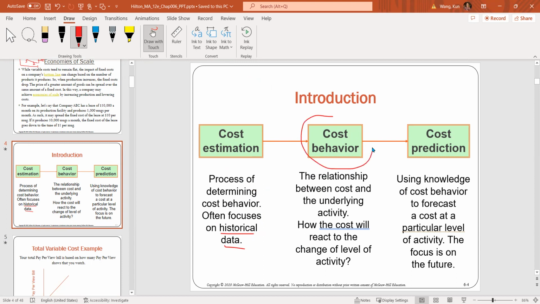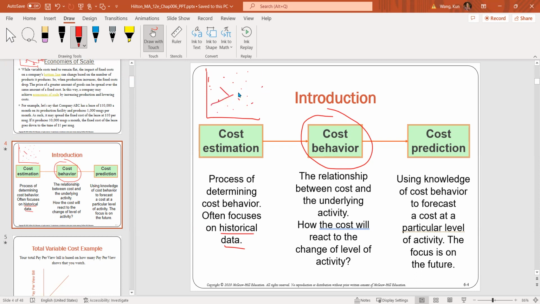This is the focus of chapter 6, because in reality, rather than getting ideal variable cost or fixed cost, what you see is probably a mass of random data. How can we sort it out from the distribution of the historical data?